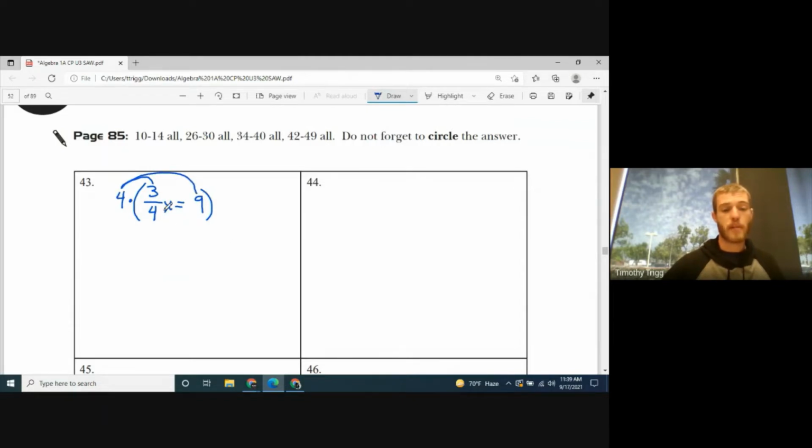When you multiply this fraction times 4, this 4 cancels with this 4, leaving us with 3x. On the right side, 4 times 9 is 36. Dividing both sides by 3 to get x by itself gives us that x equals 12. Okay, that's it.